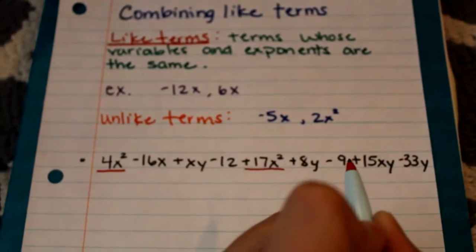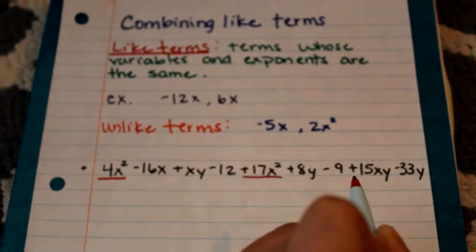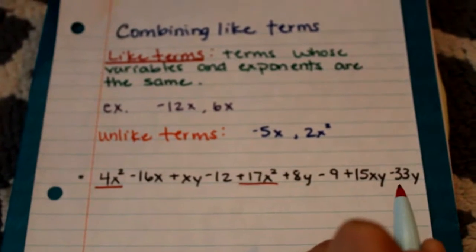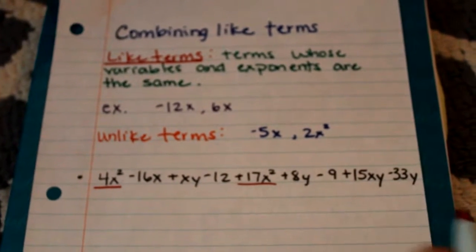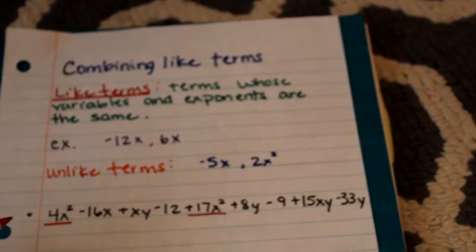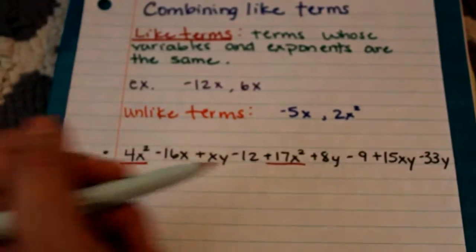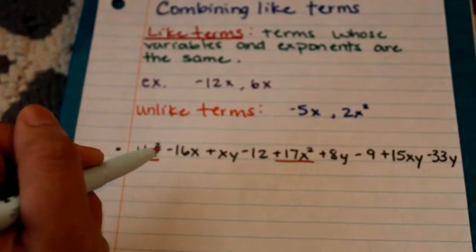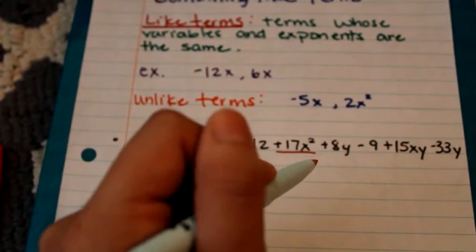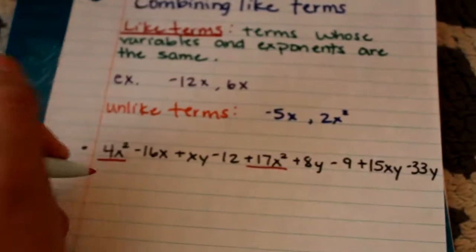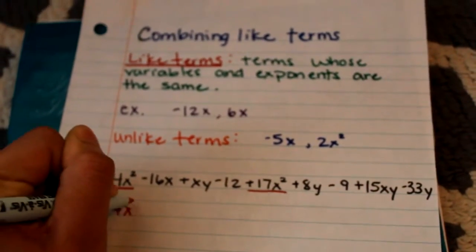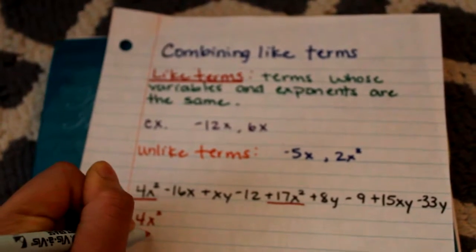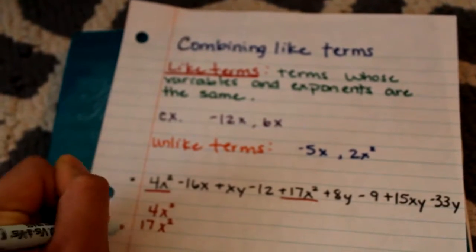Minus 9, not a like term. Plus 15xy, not a like term. Minus 33y, not a like term. So the only two terms here that we can combine are 4x squared plus 17x squared. So I'm going to write that down, 4x squared, and underneath it plus 17x squared.